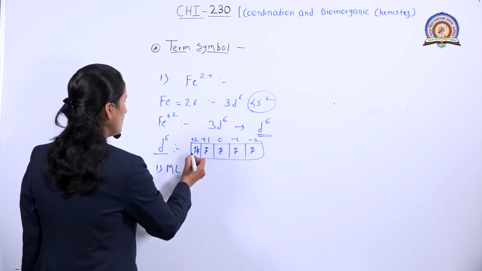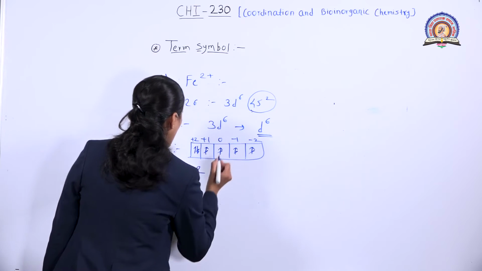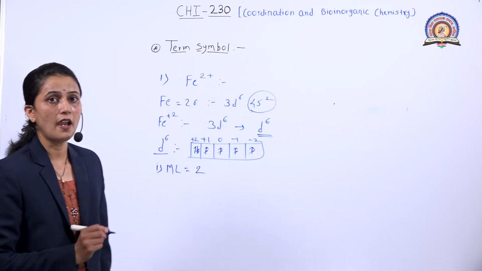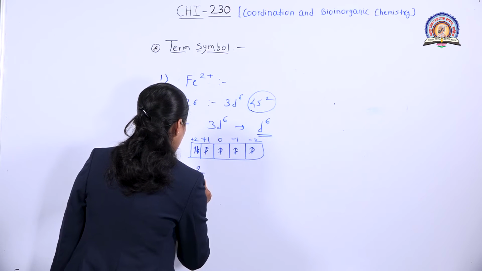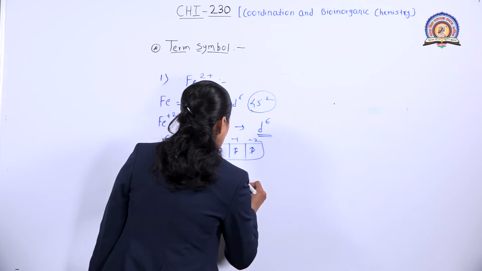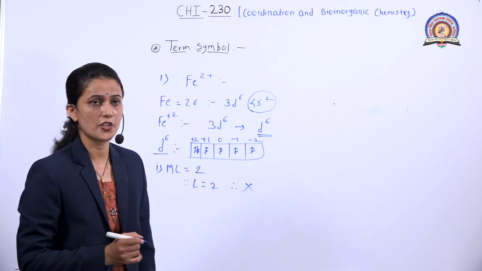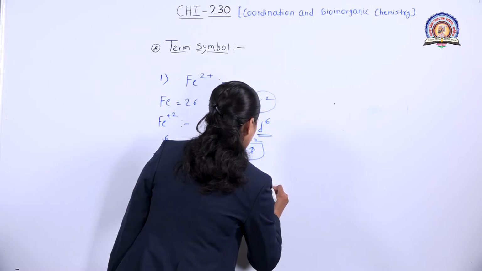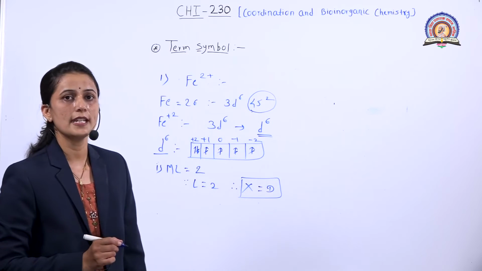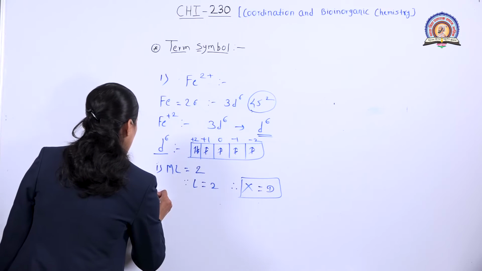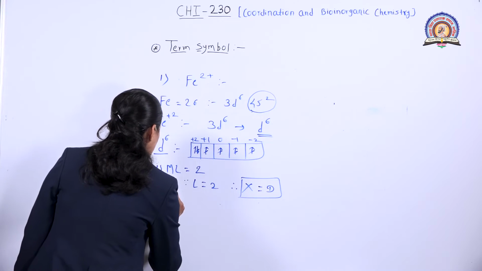That's why ML value is 1 into 2 is equal to 2. As we have L is equal to 2, hence the spectroscopic notation or spectroscopic symbol is D. Now next calculation for MS value.